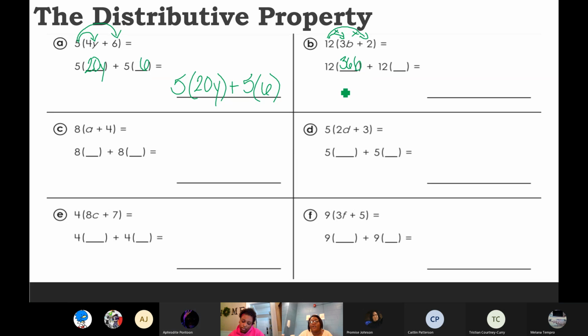36b. And what is 12 times 2? Oh, and then this would be 12 and 2.